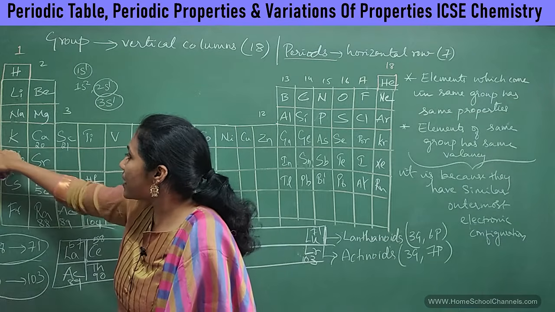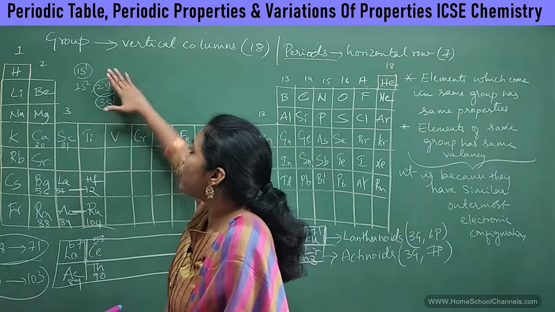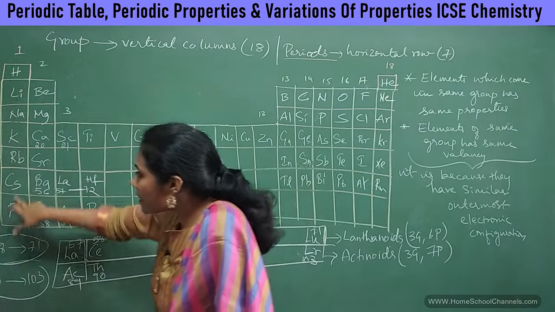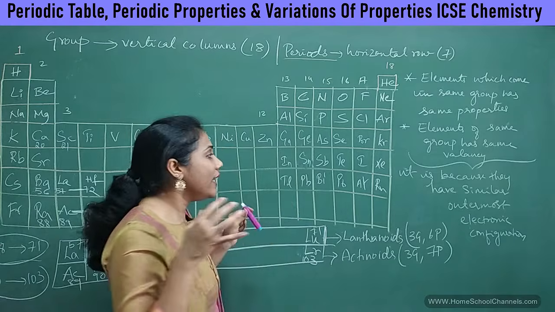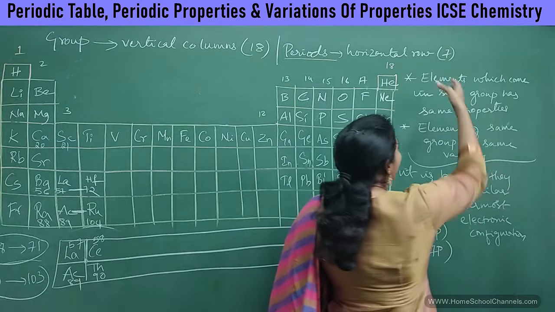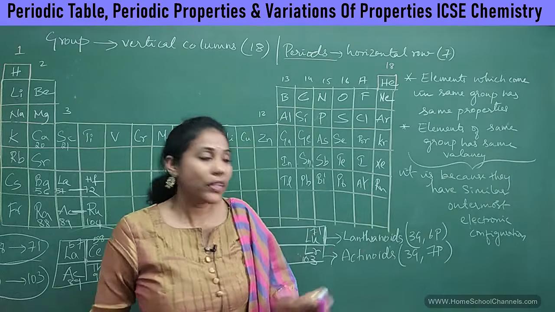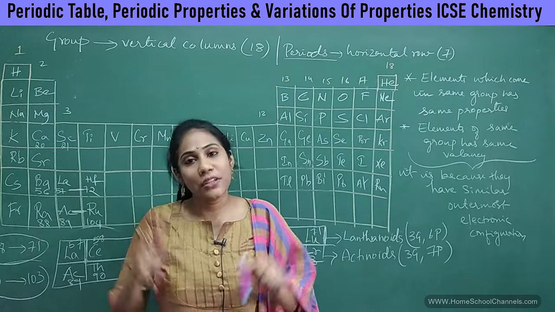For potassium, 4s1. For rubidium, 5s1. You see, the outermost electronic configuration is similar for all the elements present in a same group. Maybe because of that, all elements have same valency. All elements have same physical and chemical properties. Okay, so this is really a very, very important point one must remember.